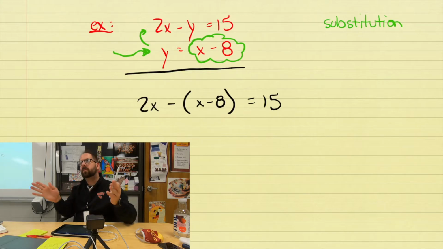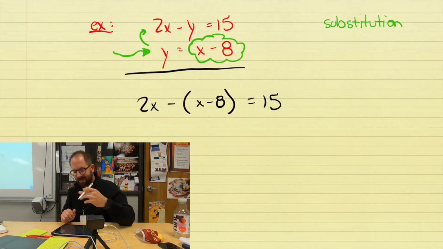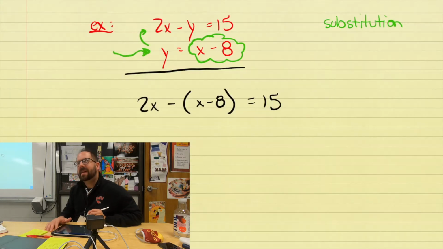So, what do we do next? What do you think? Go for 2x times the quantity. No. I think there's supposed to be a 1, right? Yes, there is a 1 right there. In fact, it's a negative 1 in front of the parenthesis.